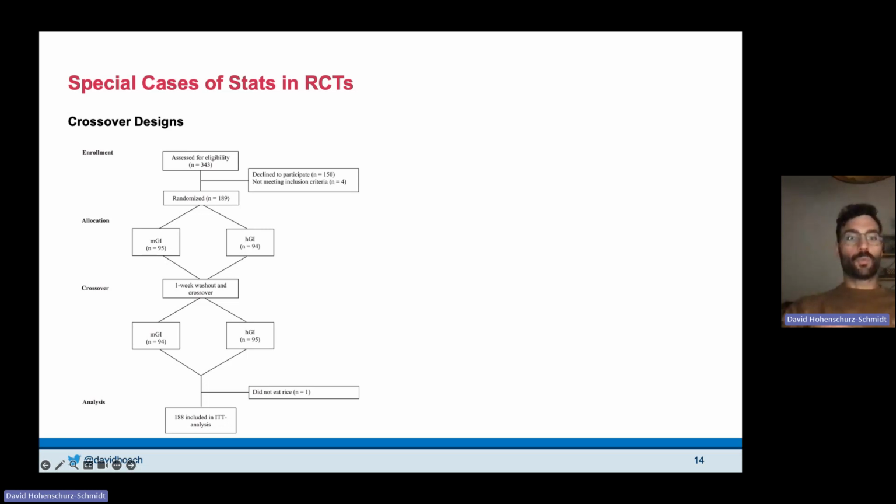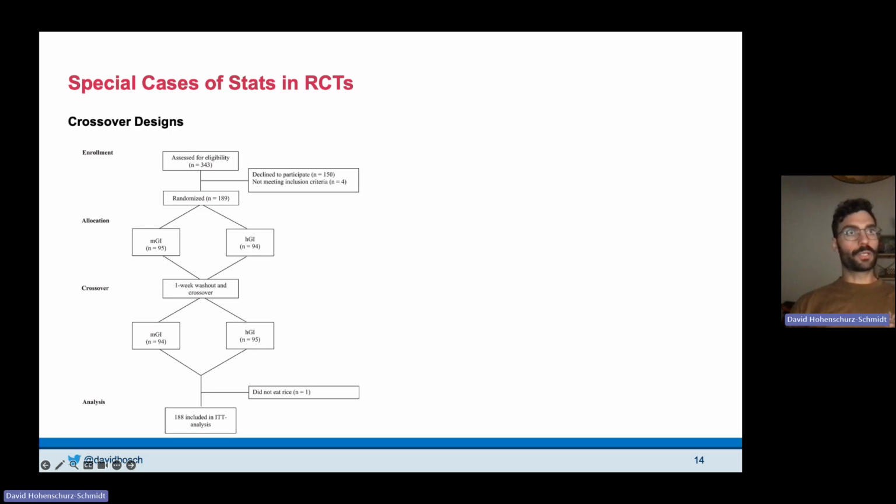That means you're waiting for a certain period of time to ensure that any effects that your treatment had in this first period is no longer influencing your participants, no longer present. So you're hoping to start from scratch and use the same participants, give them the opposite treatment, that might also be a placebo-controlled treatment, and then analyze them again.